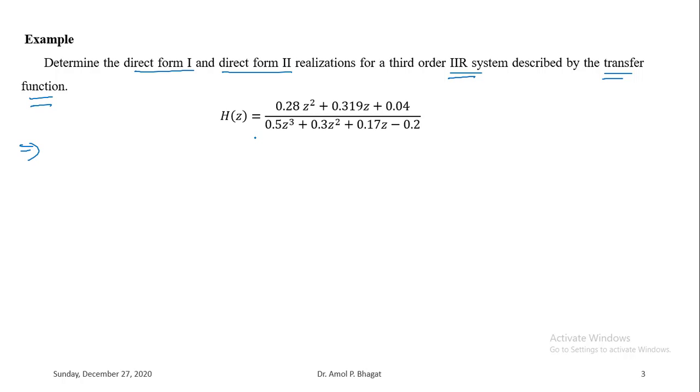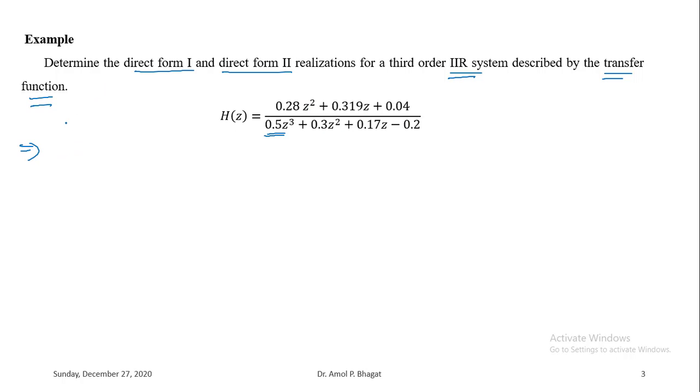But here the system function has been given. So we can initially adjust this system function so that we get 1 in this place. In the denominator the first term should be 1, and the powers of z should be negative.